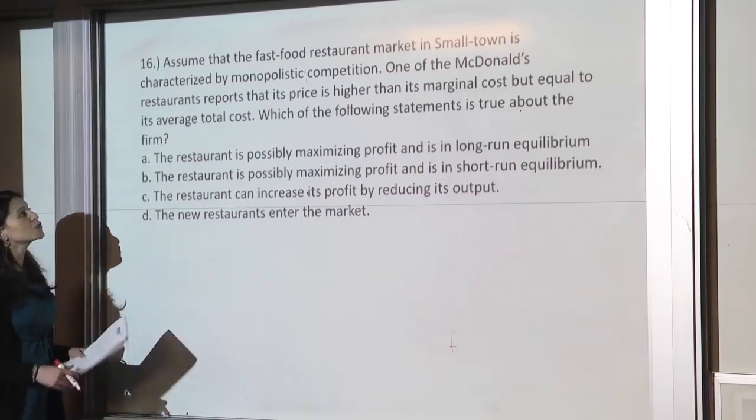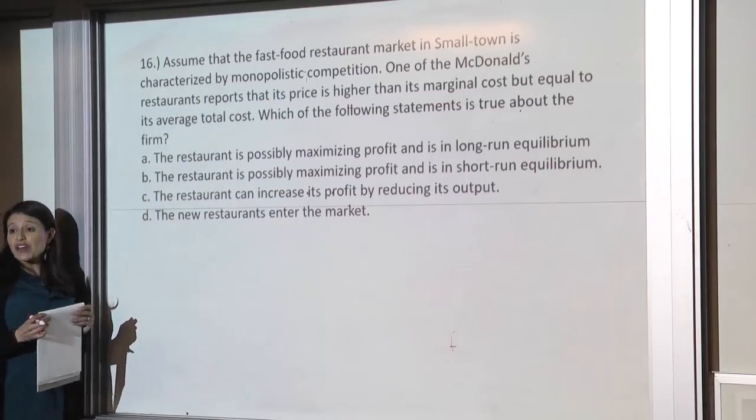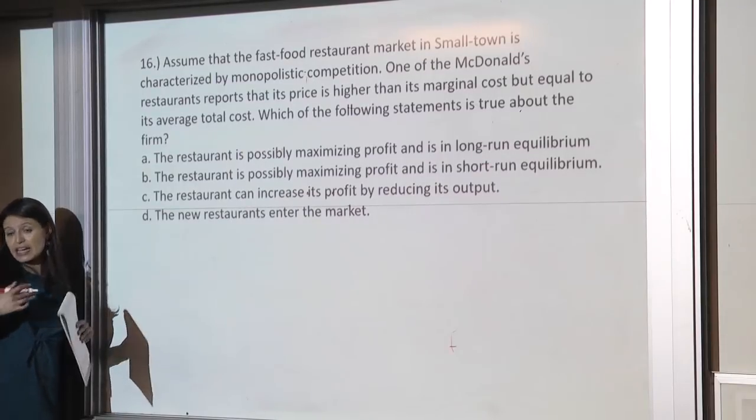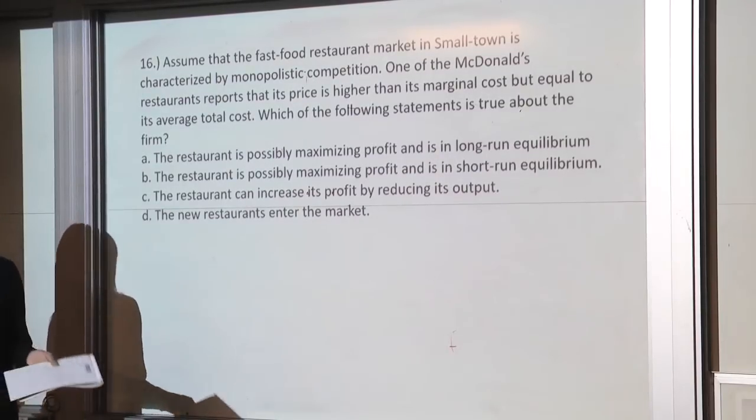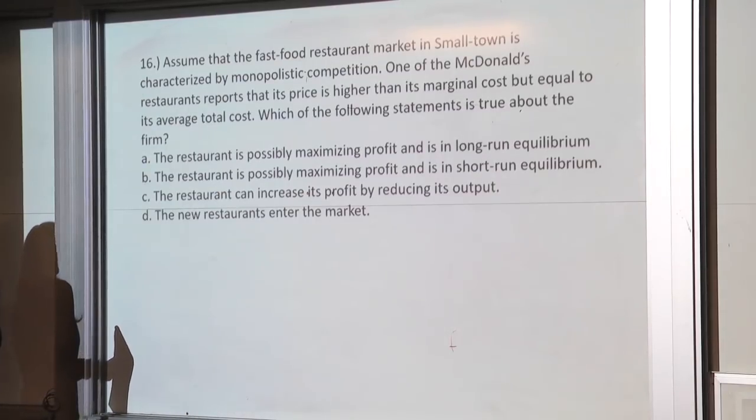Okay, so first of all, monopolistic competition, we know that it is very similar to perfect competition, okay? The characteristics of the long run and the short run are very similar. The only difference is that the firms participating in monopolistic competition have a little bit of price markup, okay?